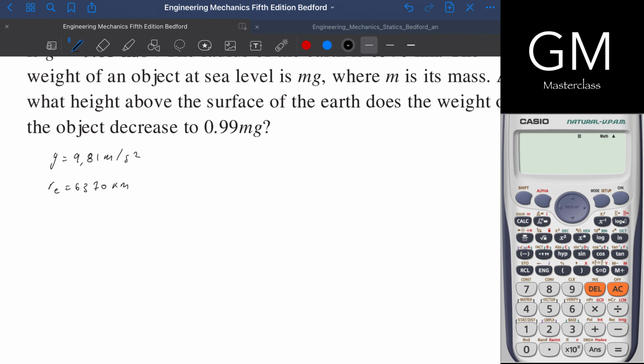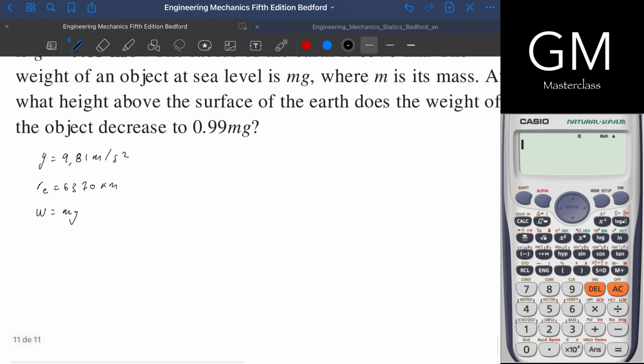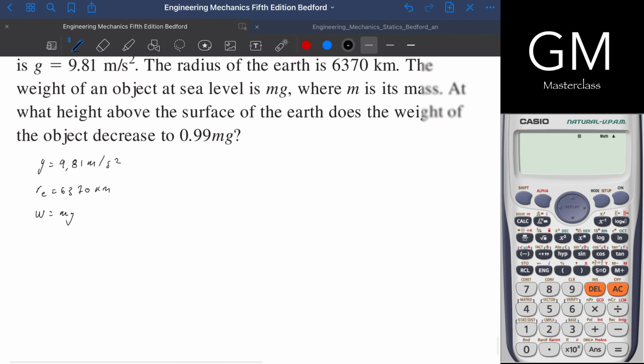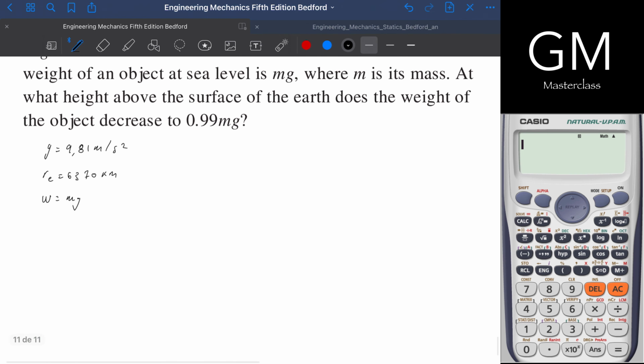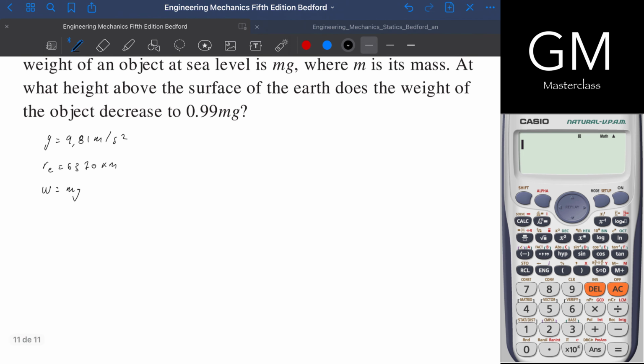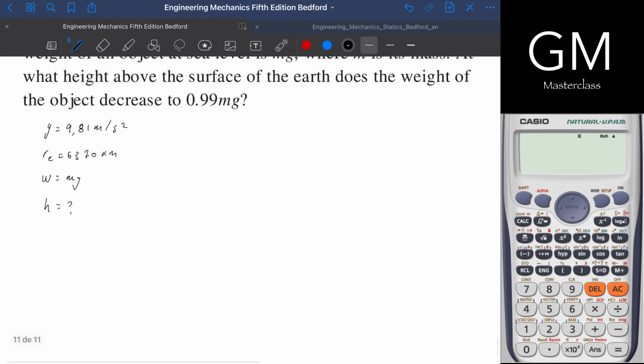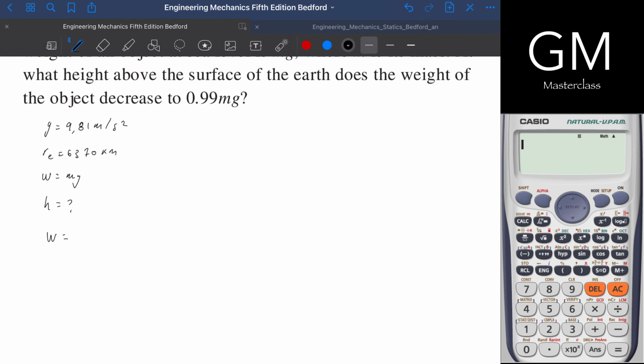The weight of an object, we already know, is equal to mg, mass multiplied by gravity. At what height above the surface of the Earth? So they are asking me about a height. Does the weight of the object decrease to 0.99 mg?